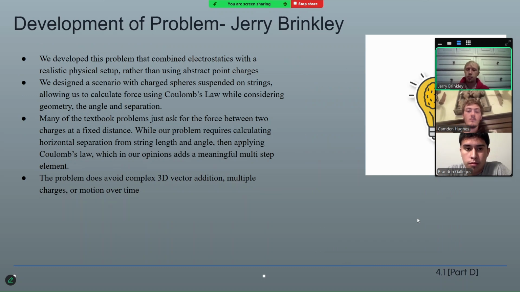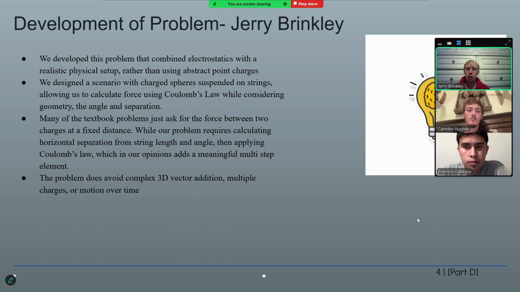Development of problem. We developed a problem that combined electrostatics with a realistic physical setup rather than using abstract point charges. We designed a scenario with charged spheres suspended on strings, allowing us to calculate force using Coulomb's law while considering geometry, the angle, and separation.